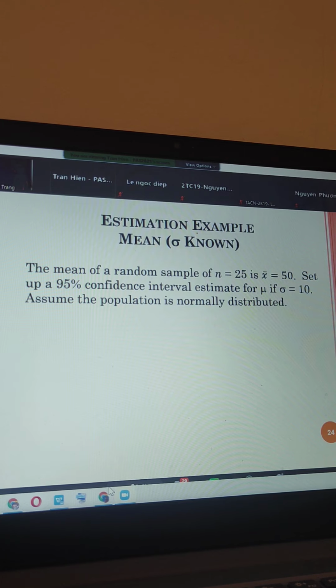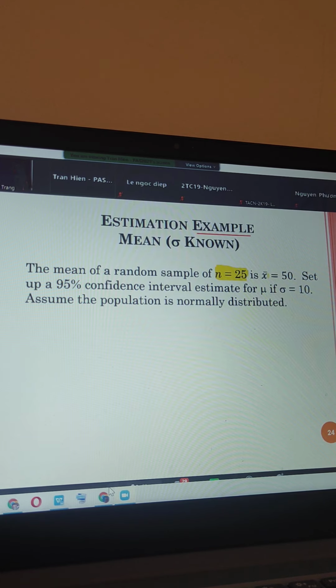Okay, we have the example here. I'm going to give you 1 minute to take a look at the example. And after that, what are the keywords here, class? Actually, it's not a long word problem, because it shows you all the information. The first one, n equals 25. This is the sample size.